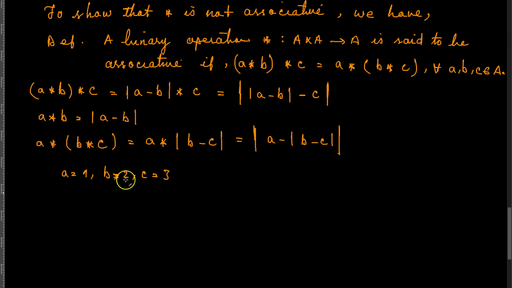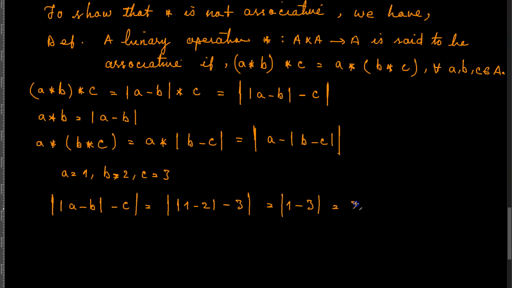If I take these values, let's see, for example, the absolute value of a minus b minus c is going to give me the absolute value of 1 minus 2 minus 3, which is equal to -1, so that gives me a 1 minus 3, and the absolute value of that is equal to 2.